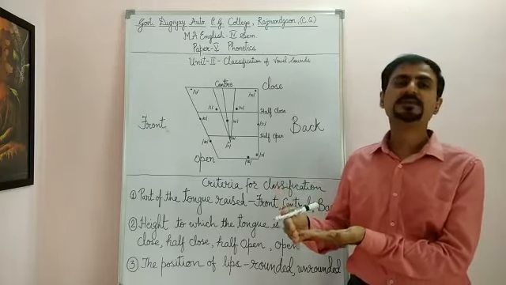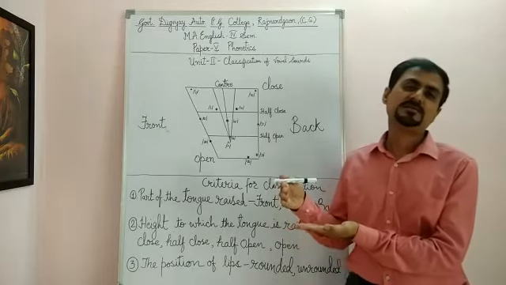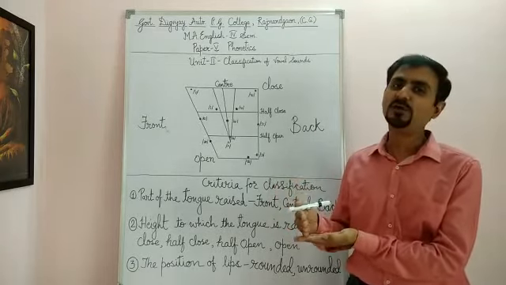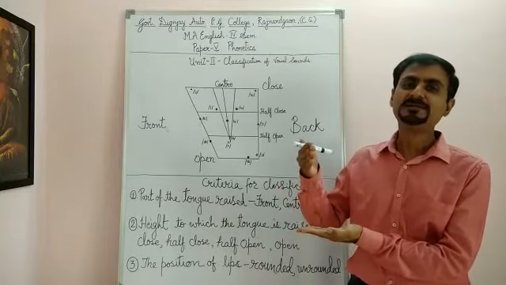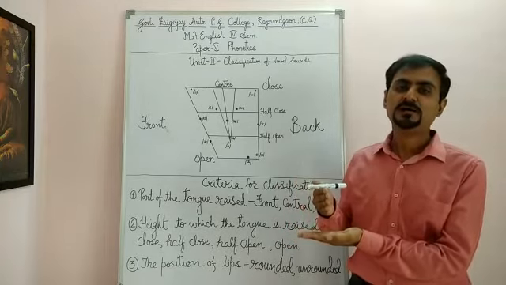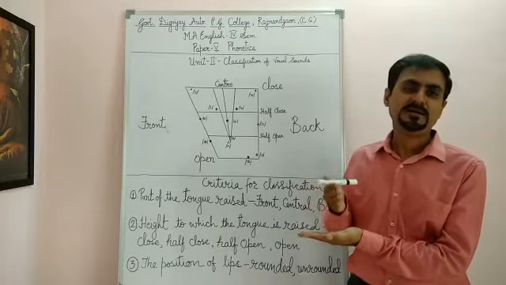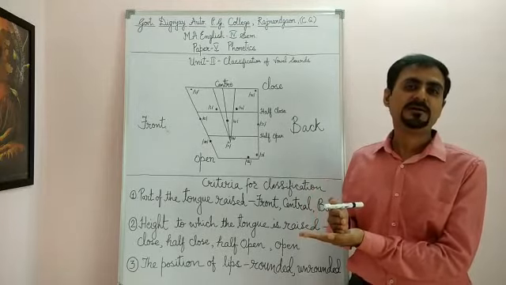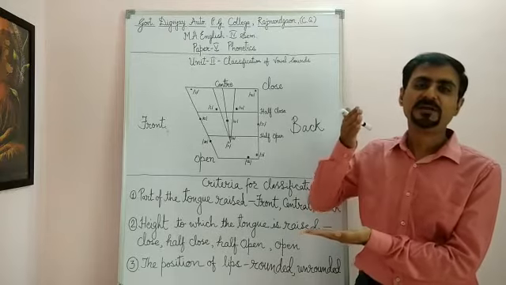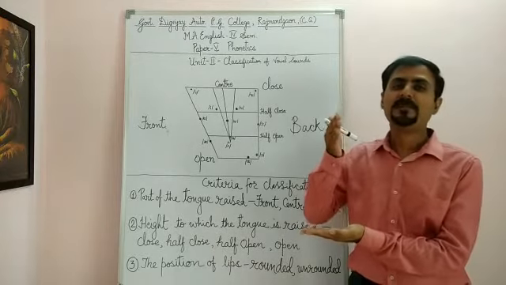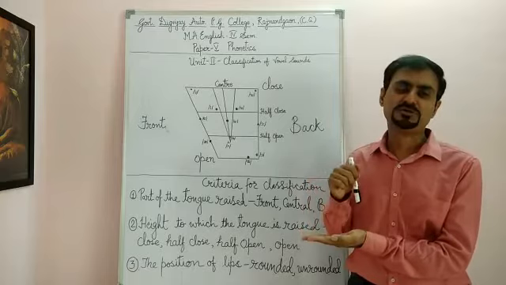Simultaneously, against the tip of the tongue, we have the teeth. Against the blade of our tongue, we have the teeth ridge. Against the front of our tongue, we have the hard palate. Against the central part of our tongue, we have the part where the hard palate and the soft palate meet.